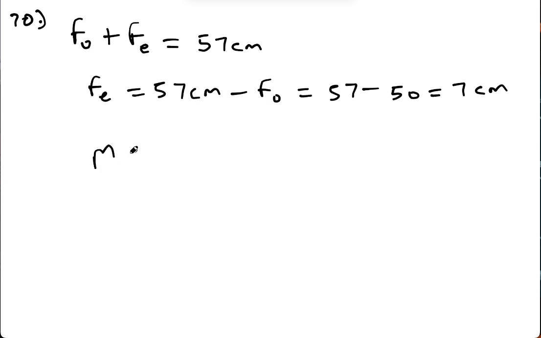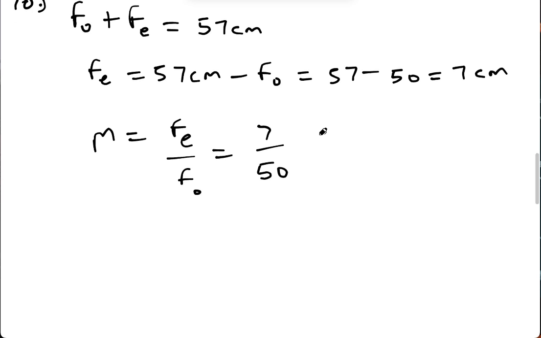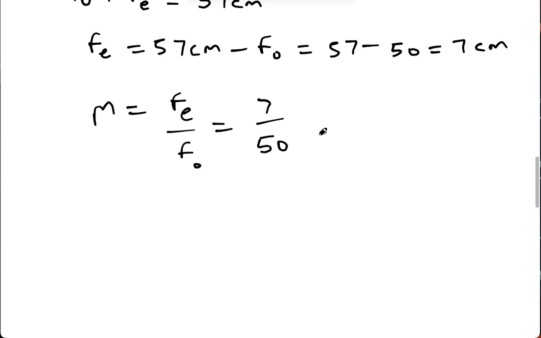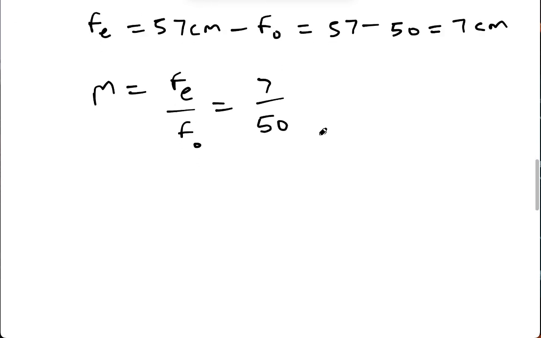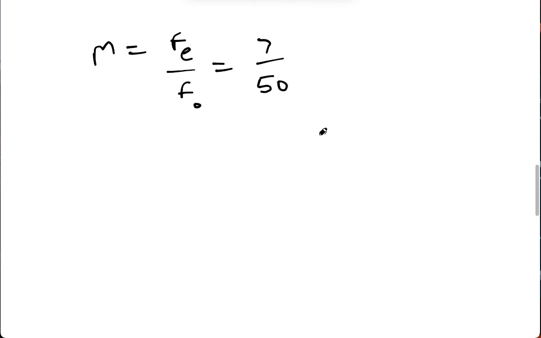Magnification is always FE over FO, and since we know our FE equals 7 and our FO equals 50, the magnification is 7 over 50. So the FE is 7 centimeters and the magnification is 7 over 50.